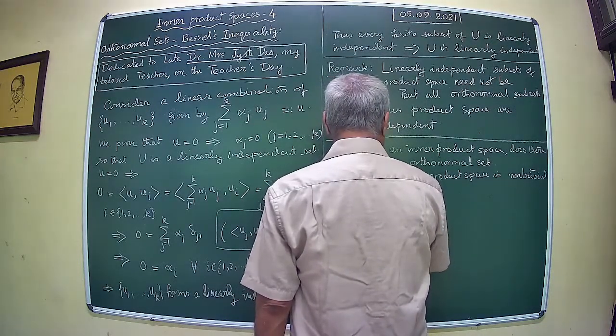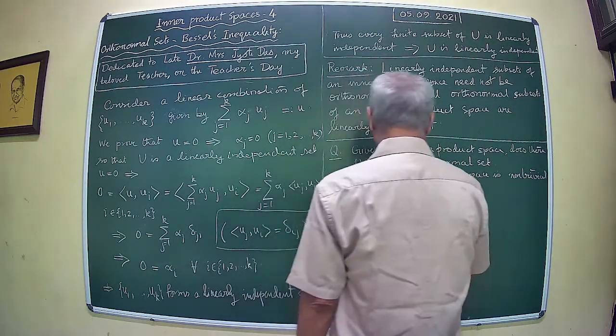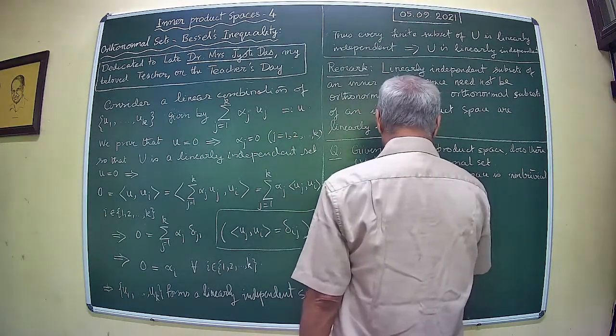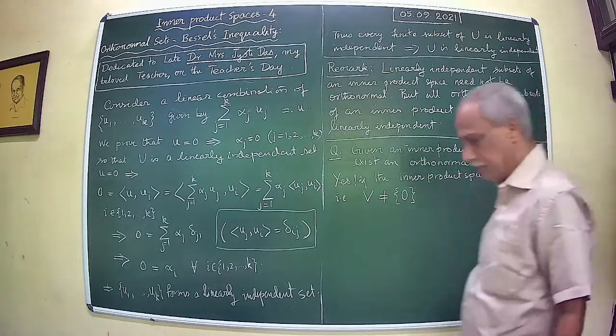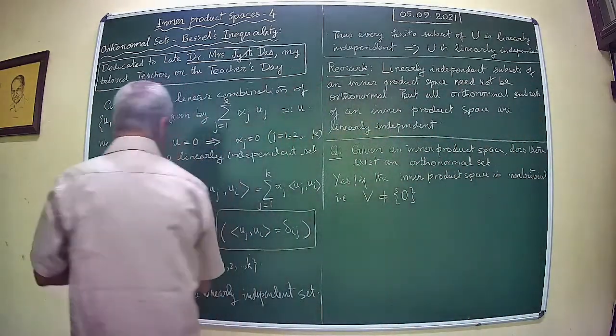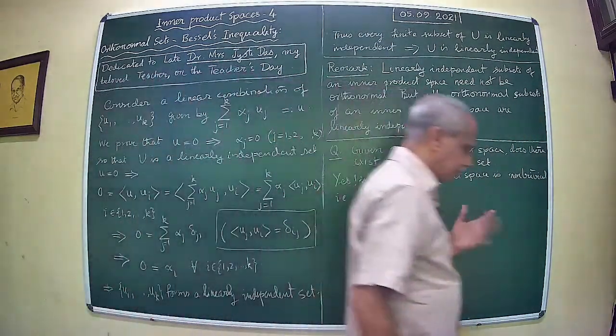V is not equal to just the vector space consisting of the zero element.